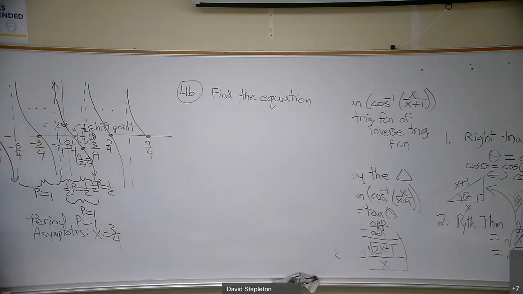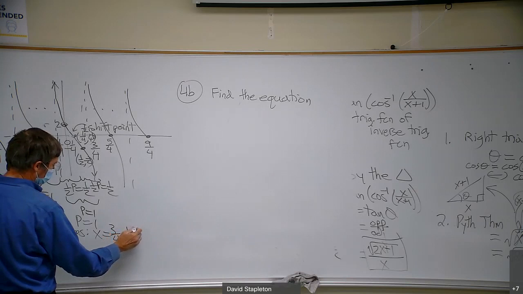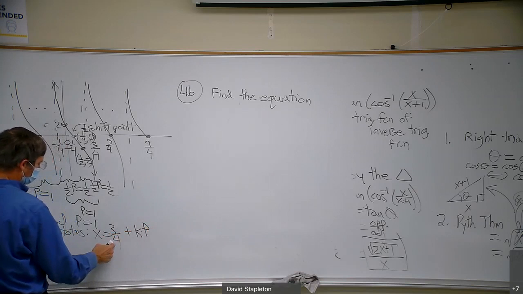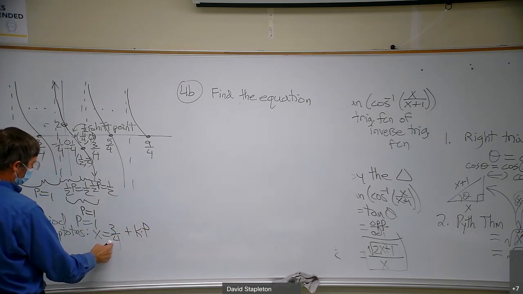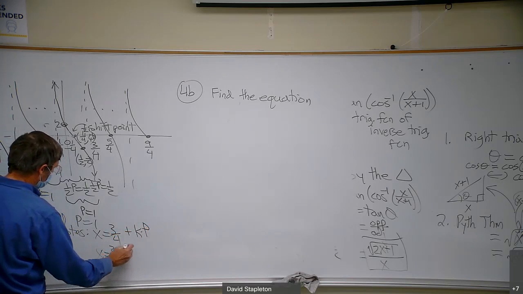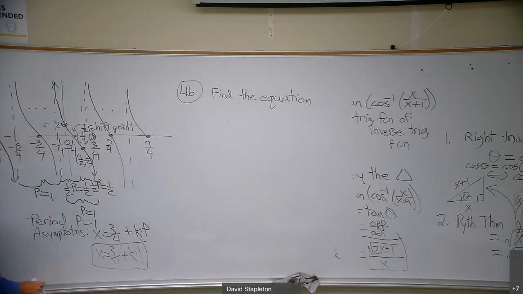How do I get all asymptotes? Plus k periods, k times the period. So wherever one of them is plus k times the period, it's x equals 3/4 plus k times 1 in this case. 3/4 plus k gives every asymptote.